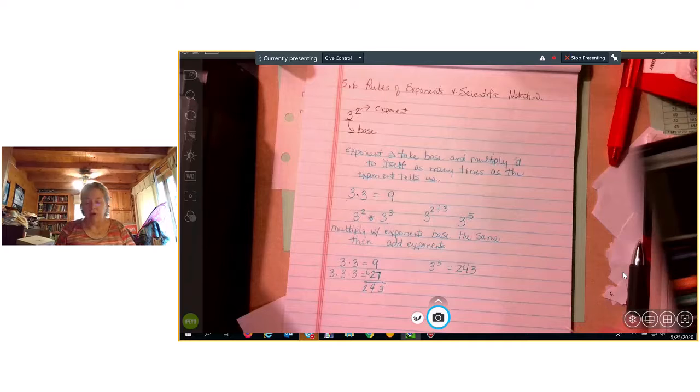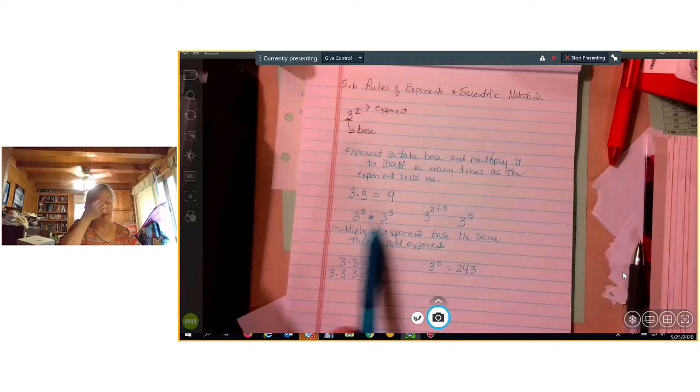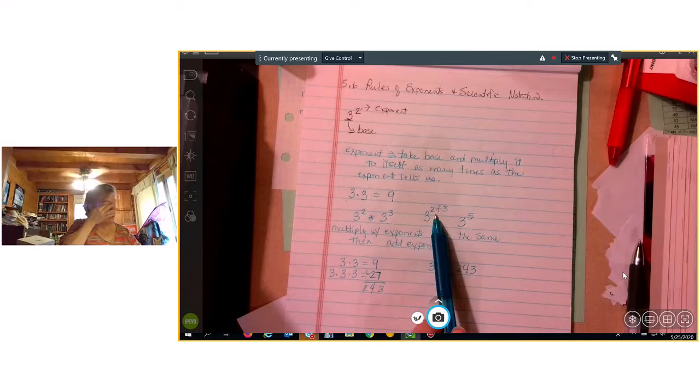So your answer should come out the same no matter. Now multiply these two together because that's what the original problem said. I didn't add them. I just added the exponents, and that gave me this.